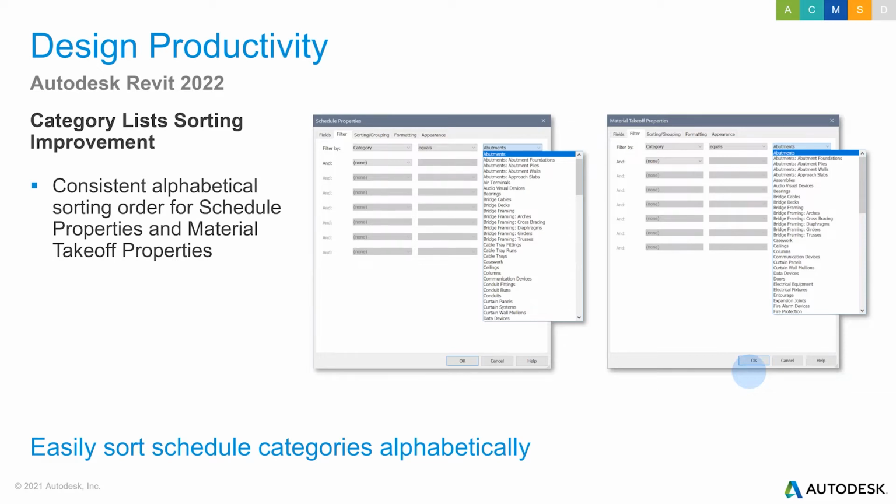They were a little bit jumbled up and all over the place. And it made it hard to find the category so that you could select it and use it as a filtered item. So quite simply, this is a small improvement whereby the categories under the category filter are now in an alphabetical sorted order.